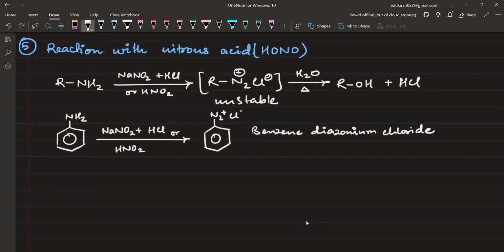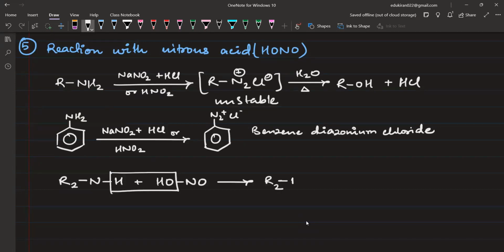The 2 degree and 3 degree amines are not very important, but you can still see: if you have two alkyl groups attached with nitrogen, which is further bonded with hydrogen, and you react with HONO, then it is going to give you nitrosoamine. Water will be removed, H2O, and you will have R2N, that is doubly bonded with nitrogen, and this nitrogen is again doubly bonded with oxygen.